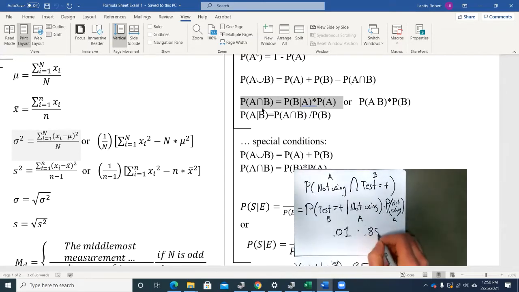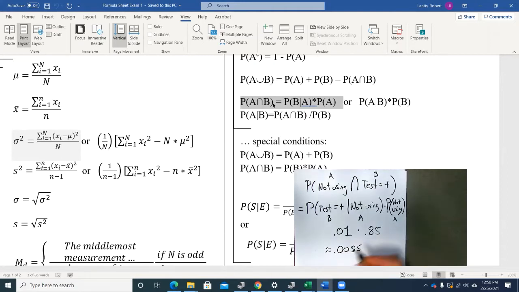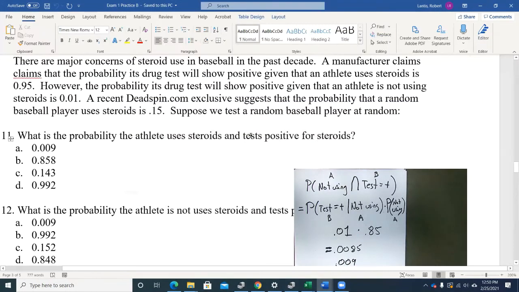So we plug in the 0.85 there, which is going back to what we originally had and kind of plugging those probabilities in. And this is the one that should be what? 0.0085. Actually, sorry, 0.0085. And then if we round that, I think that the answers were rounded to the third decimal, if I'm recalling correctly.